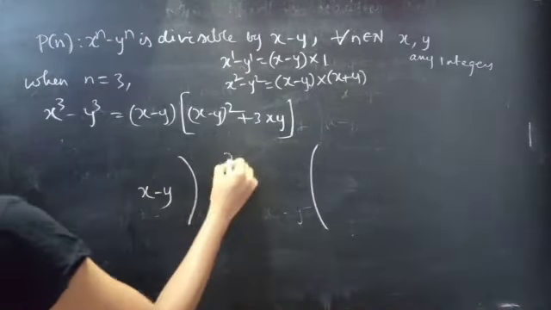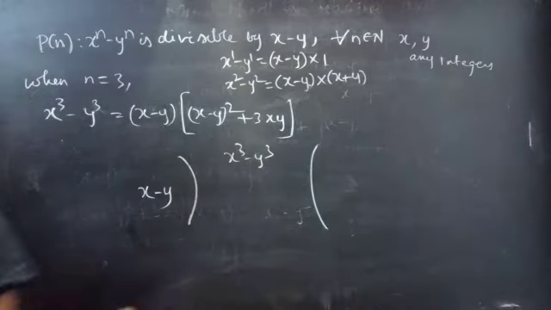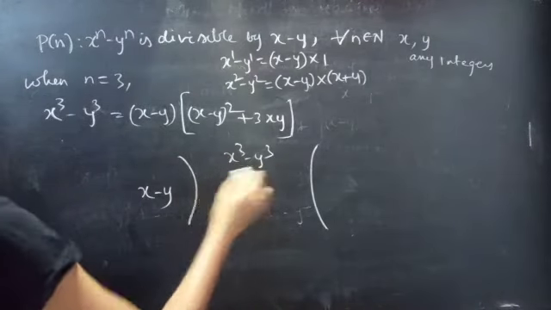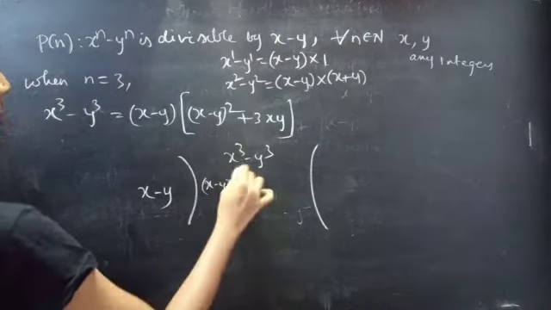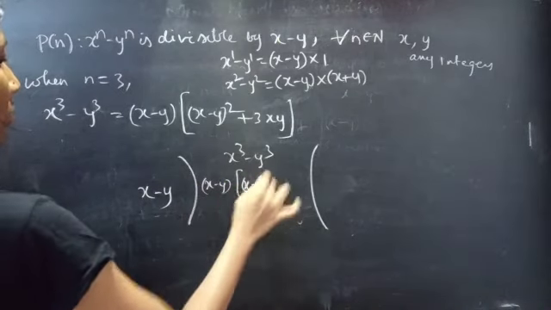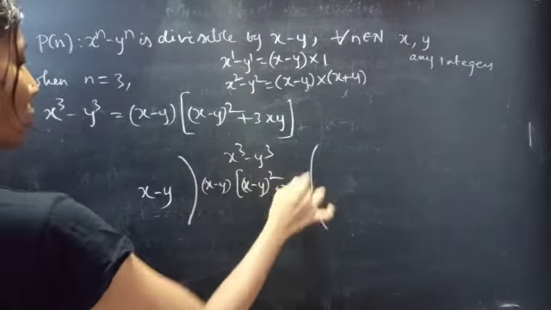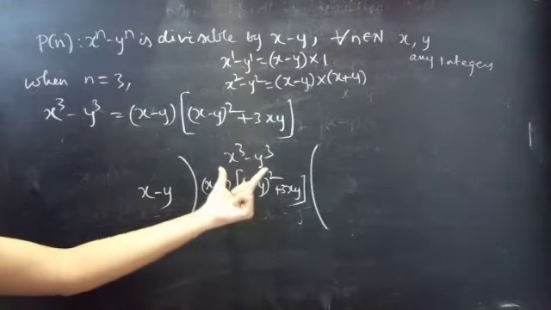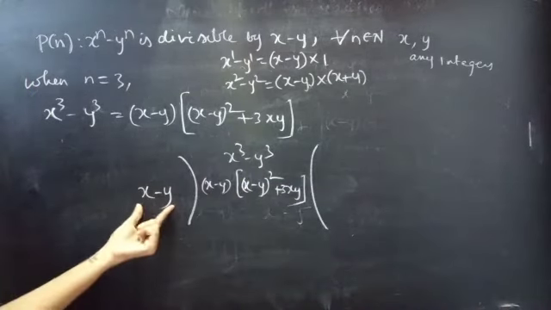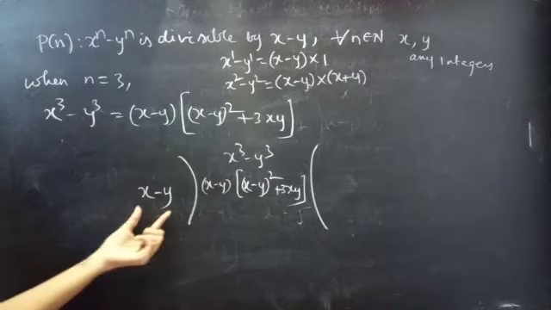x minus y is the divisor, x cube minus y cube is the dividend. We know that x cube minus y cube is (x minus y) into [(x minus y) whole square plus 3xy], right? Now we'll see whether x cube minus y cube is divisible by x minus y or not.